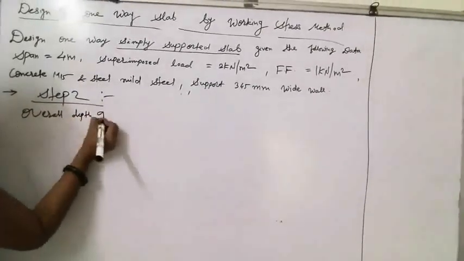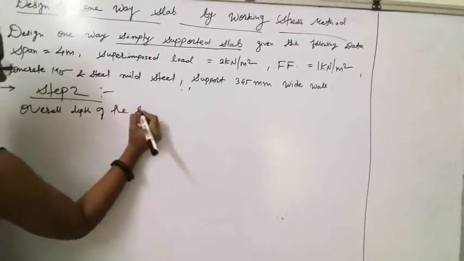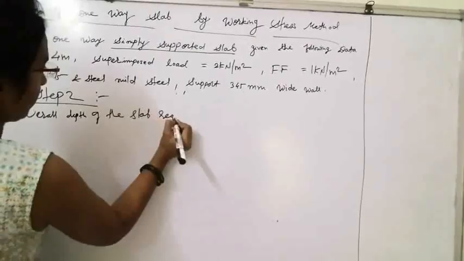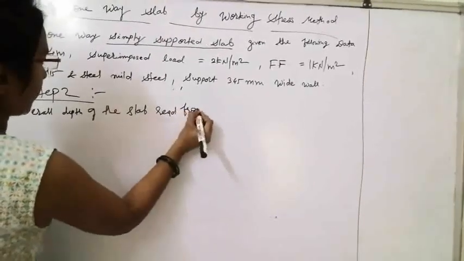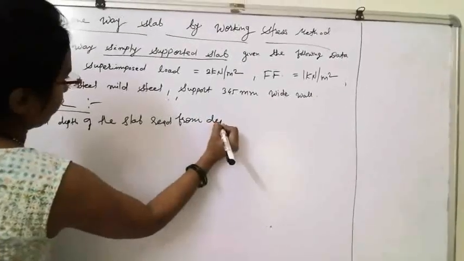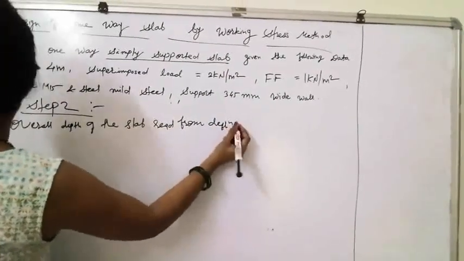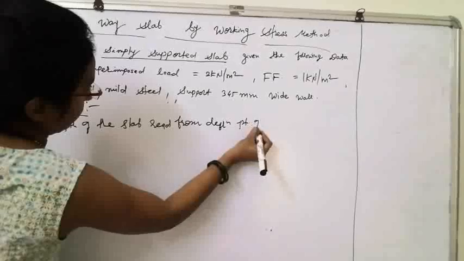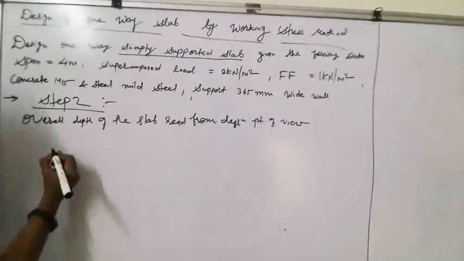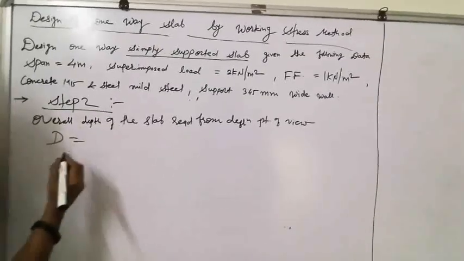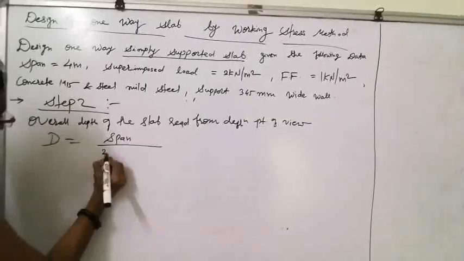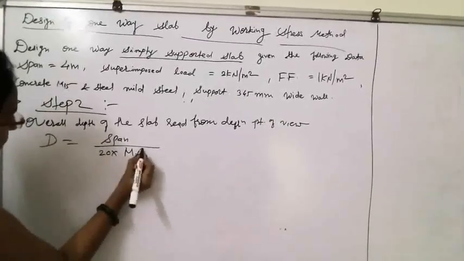The overall depth of the slab required from the deflection point of view is given as span upon 20 into the modification factor.